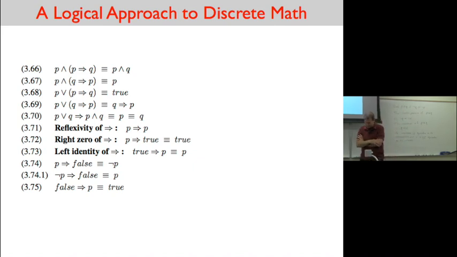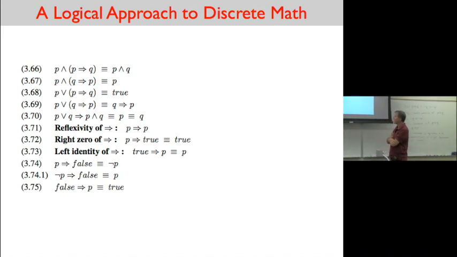And then 3.70 is a homework problem: P or Q implies P and Q equivales P equivales Q. So it's true if they're the same. Okay, so that's a homework problem.